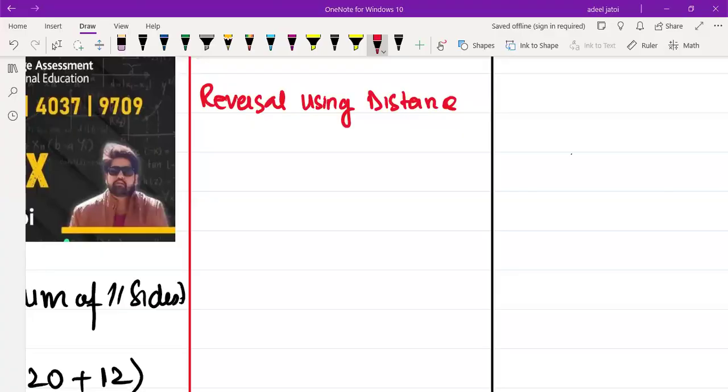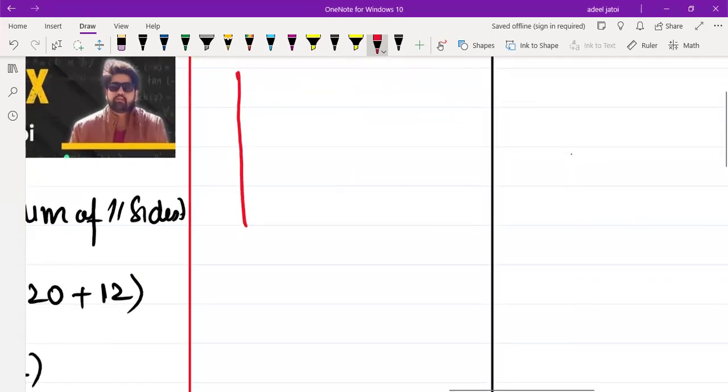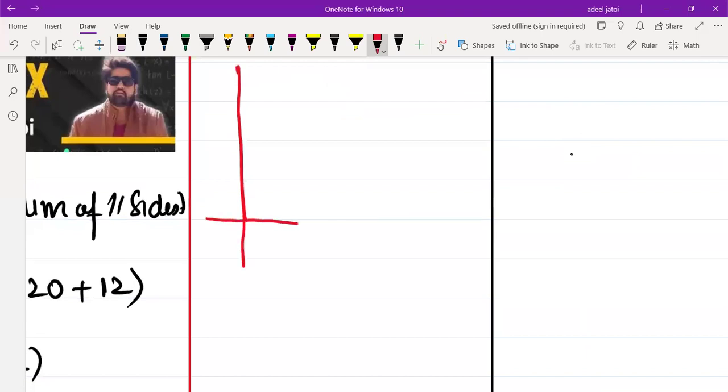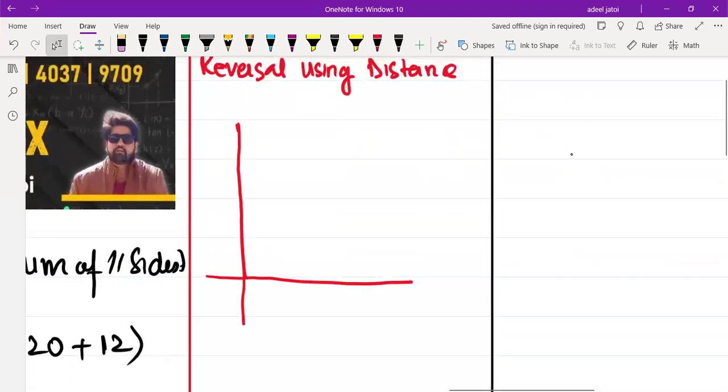Now working on reversal using distance. Let's say that the graph is like this. The graph goes like this. This is 8. This is 10.